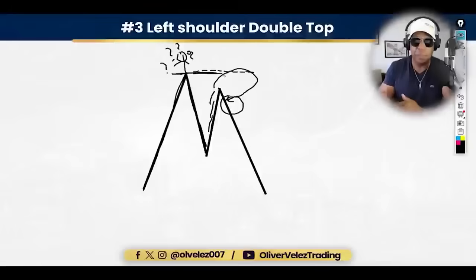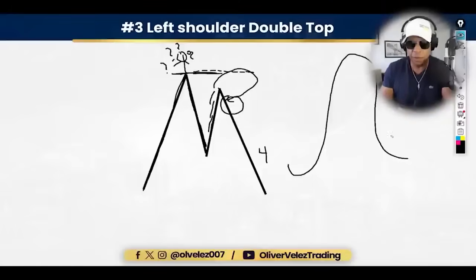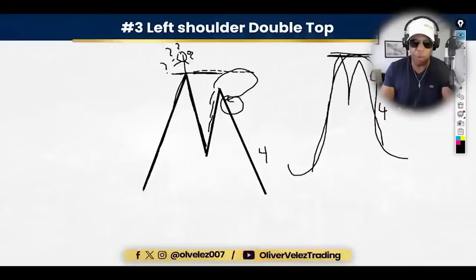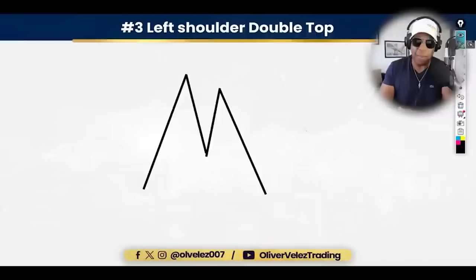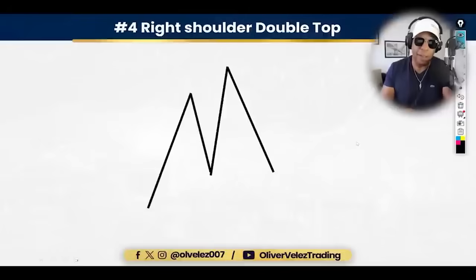This is going to be a lower top play that kicks you into this stage 4. All right. So drop and boom, not all the way back to the top. Okay. So that's the left shoulder top. And of course, you have the right shoulder top.